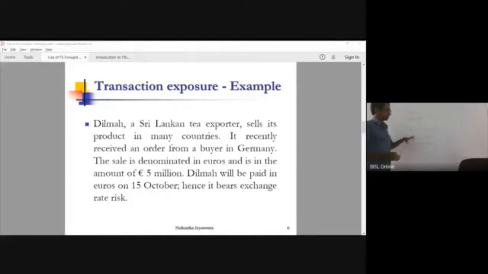Then the manufacturer or the tea producer knows what is the cost for a price of 1 kilo. Then he might add a margin, but everything is in LKR.